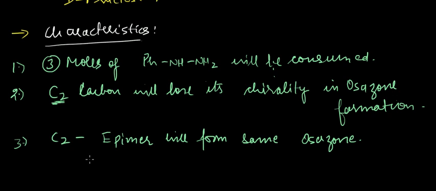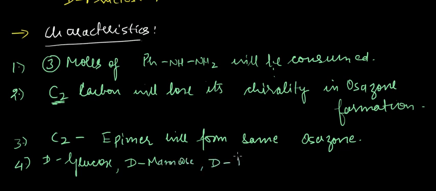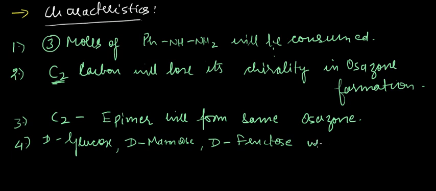I'm just not writing it, but in point form I'll write that D-glucose, D-mannose and D-fructose will form the same Osazone, and this is the Lobry de Bruyn-Alberda van Ekenstein rearrangement.